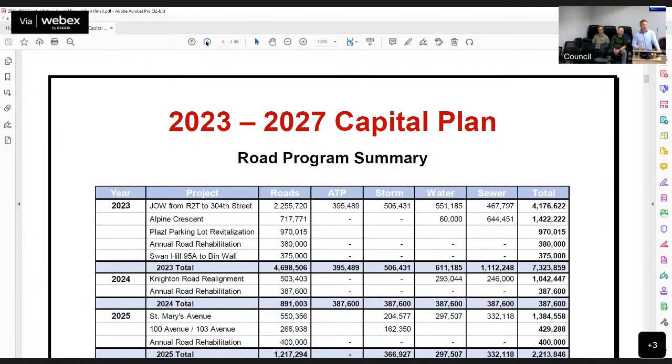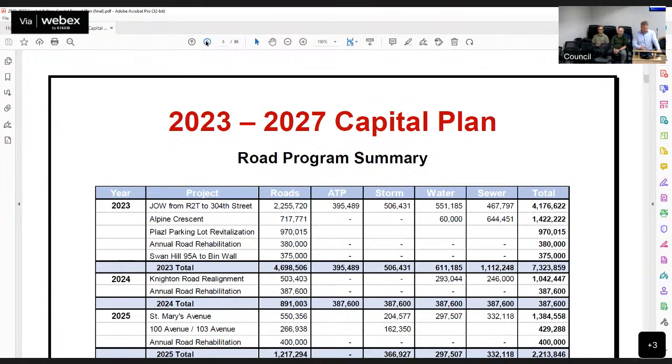That's primarily for projects where we can just go in and repave, just paint it black, with no underground infrastructure that needs to be done. Whereas the rest of these projects, the major reconstructions, involve, in most cases, water infrastructure, storm, sanitary sewer, and in some cases the active transportation projects that were identified in the plan produced last year.